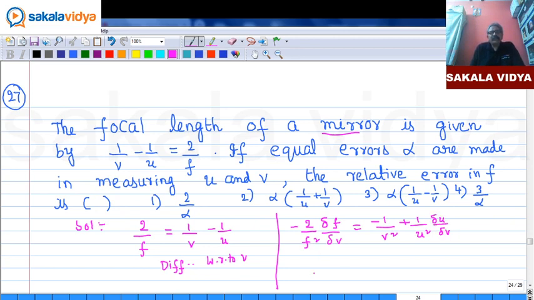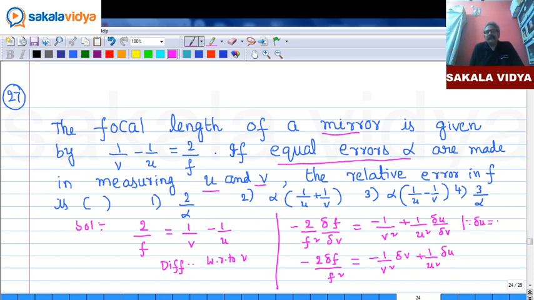Multiply delta v on both sides: minus 2 delta f by f square equals minus 1 by v square delta v plus 1 by u square delta u. But what is given here? Equal errors alpha in u and v, that means delta u and delta v are equal to alpha, you can replace.